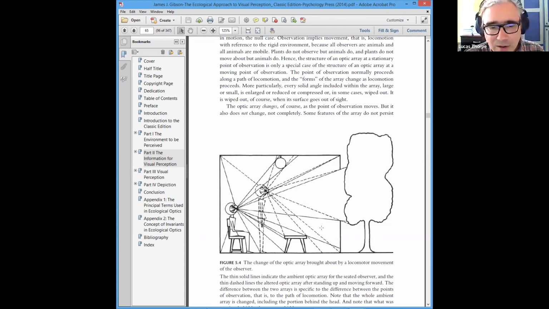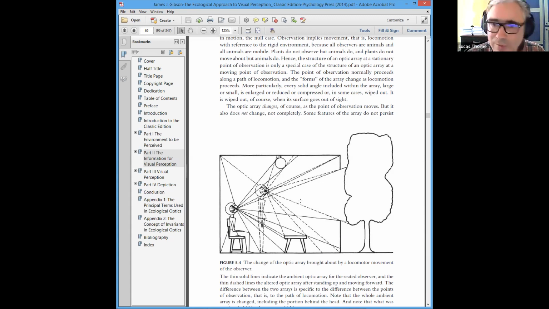And Gibson's most interested in what he's going to call occluding edges. In particular, this edge here, the window, and this edge here: as we stand up, suddenly all of this stuff is going to come into view.